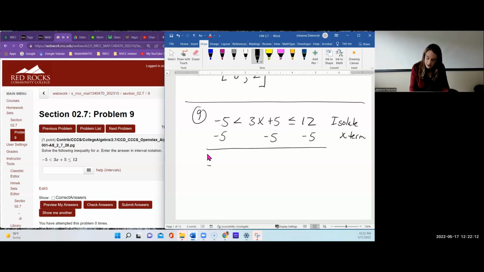This gives me -10 on the far left less than 3x less than or equal to 7. The next thing I need to do is isolate the x variable. So I need to divide all three terms by 3.